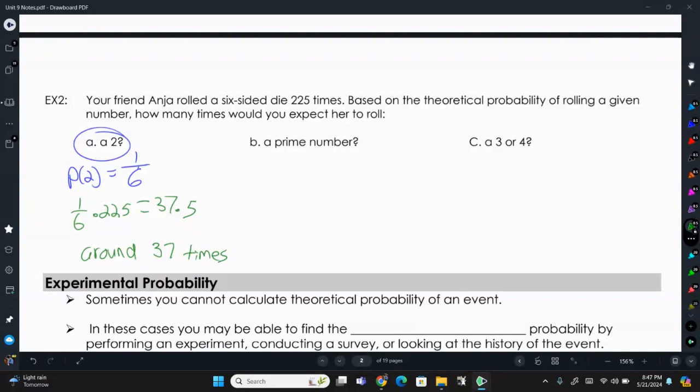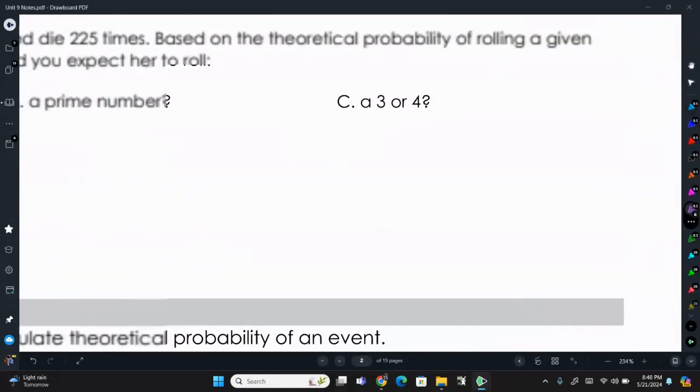So then letter B, rolling a prime number. So how many prime numbers are there on a dice? So as a reminder, we have 1, 2, 3, 4, 5, 6. Prime numbers are numbers that only have 2 factors, 1 and itself. So 5 is a prime number.